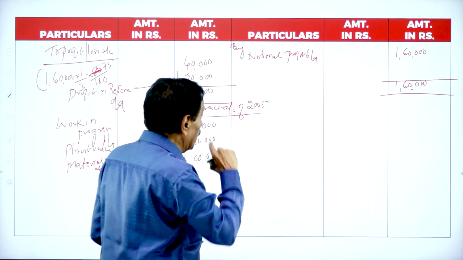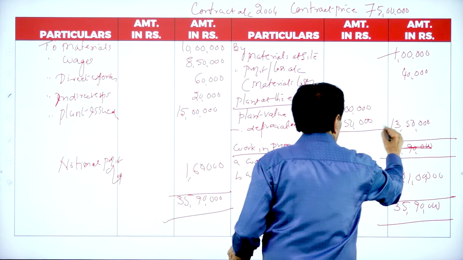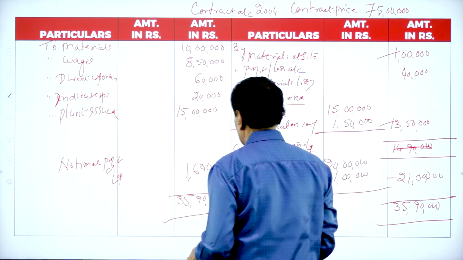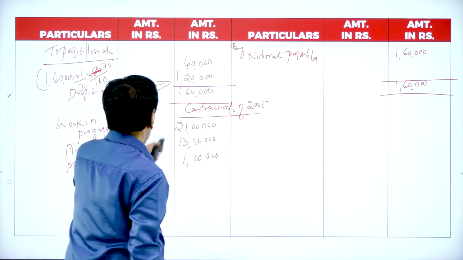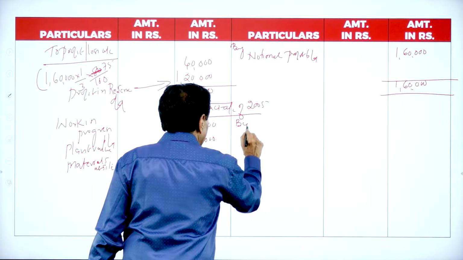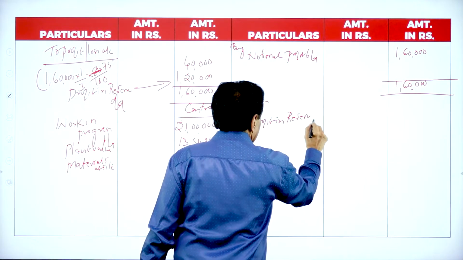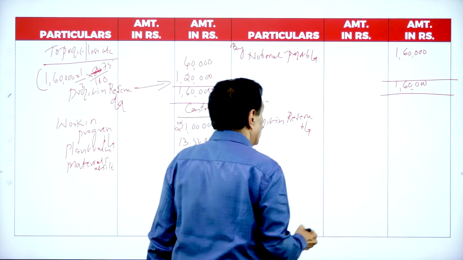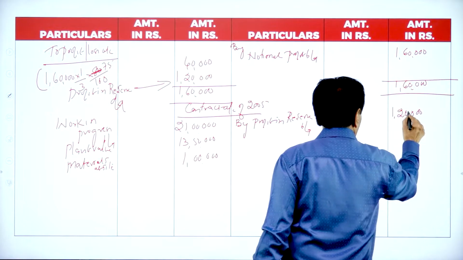This all belongs to last year. All closing balance. This is over. Then here, how much profit in reserve carried down? So 1,20,000 profit in reserve brought down. This belongs to last year.